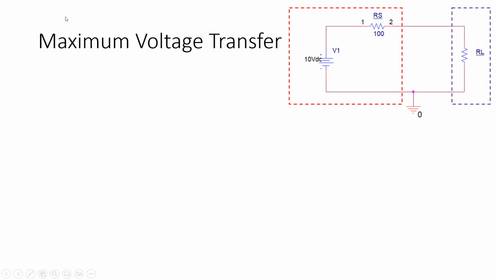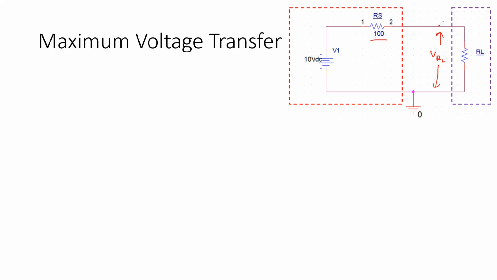Let's take a look at a little bit of theory behind that. Maximum voltage transmission. Let's consider the potential drop across this resistor as VRL. If you look at this carefully, this is a potential divider circuit. The RS resistor and the RL resistor are connected in series.